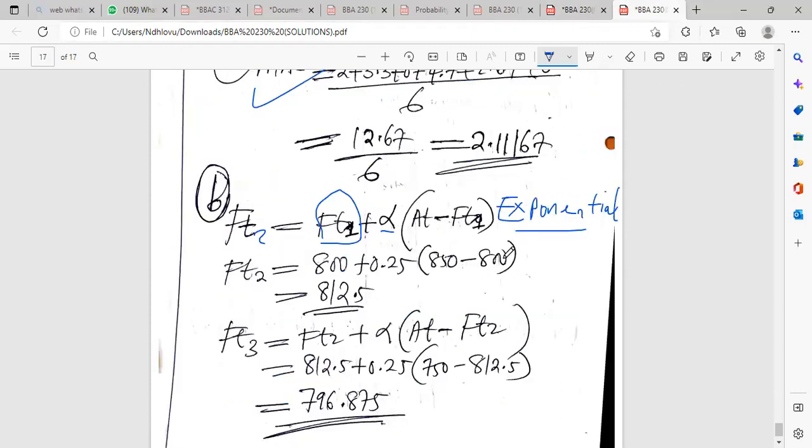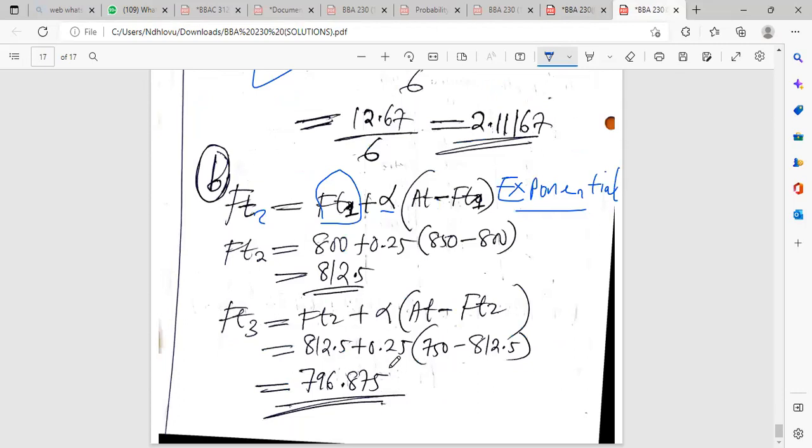So getting down to this one came as a build-up. The 0.25 is coming as a build-up. The 750 is there in the question. The FT2 is coming as a build-up. Substituting that, we got 796.875.